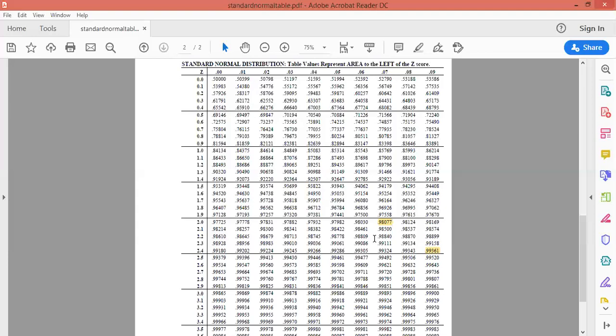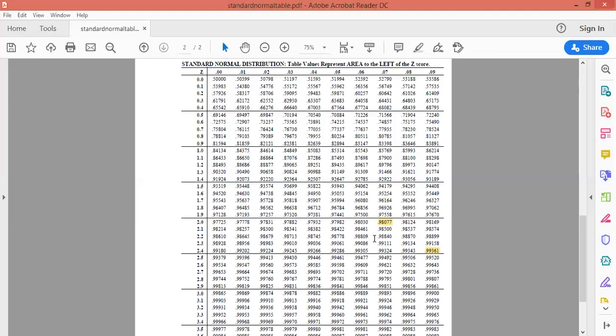Now how to identify whether the table is for the area under normal curve, for cumulative distribution, or for one tail. As you see in the table, all the values are either 0.5 or more than that. It means this is the table for two tail values or cumulative distribution function. If values are below 0.5, that is single tail values. Converting the single tail value to the cumulative value is simple.